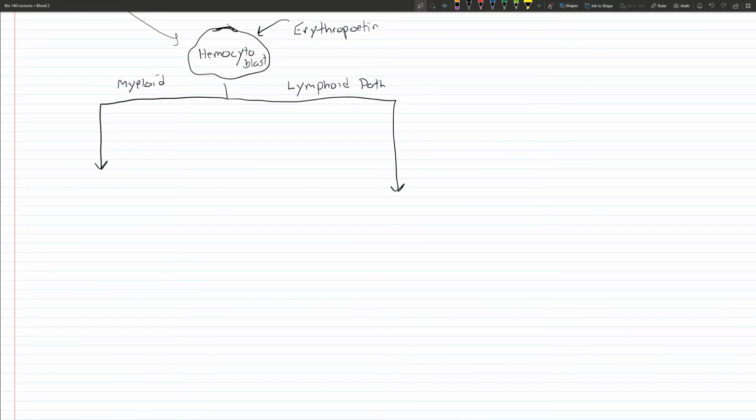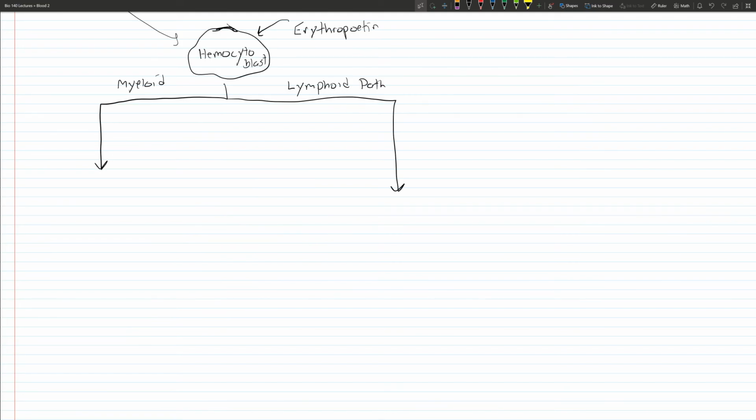But we want to have a red blood cell, so we're going to go down the myeloid path, and you don't have to know all of the little things. If you look in your textbook, they're probably going to give you this diagram that's got like 15 different arrows, showing you every cell that it could come from. Don't need to know all that. You need to know that the hemocytoblast can go two ways. It can go myeloid or it can go lymphoid.